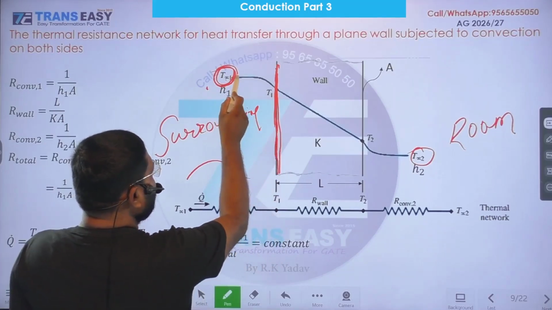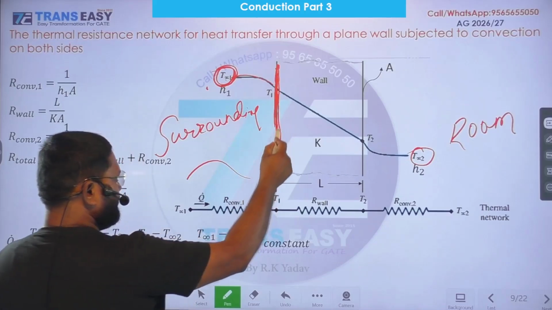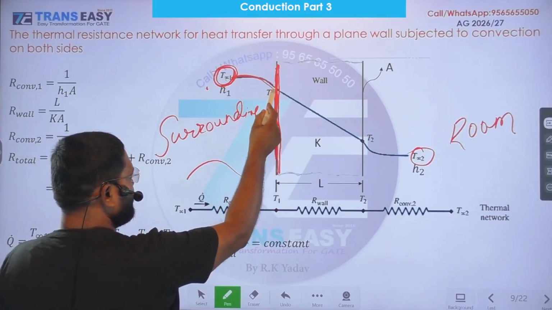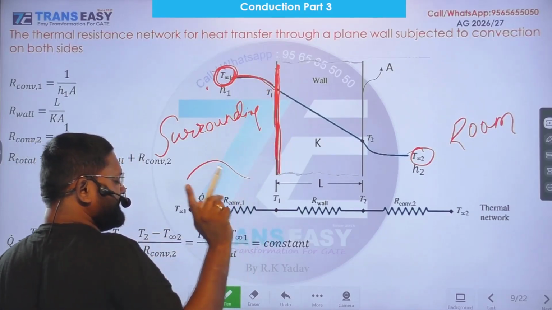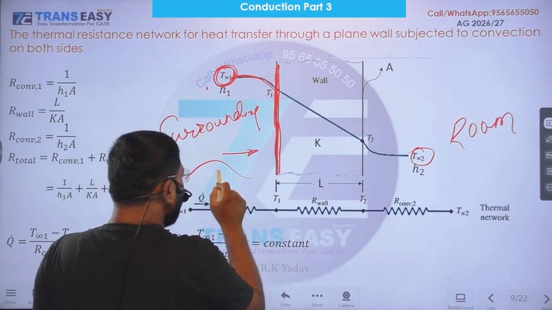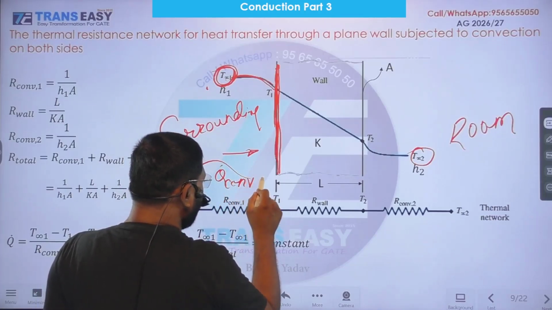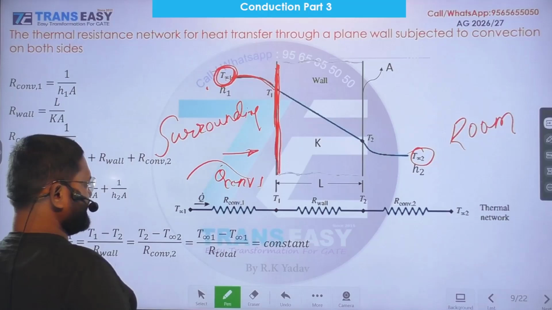So here temperature is decreasing. As we move towards this face, temperature is decreasing. And we know heat transfer takes place in the direction of decreasing temperature. So this is the direction of convective 1 heat transfer rate.